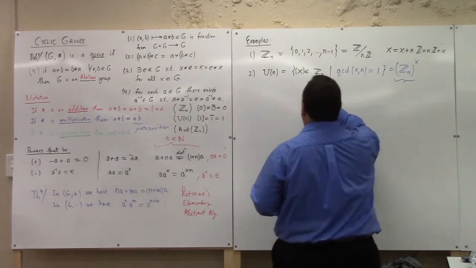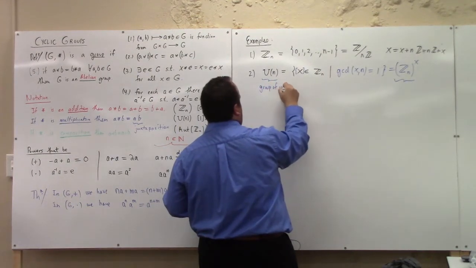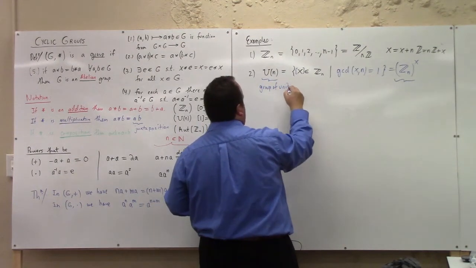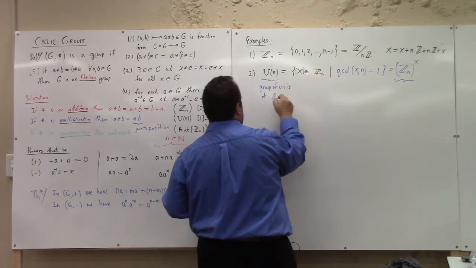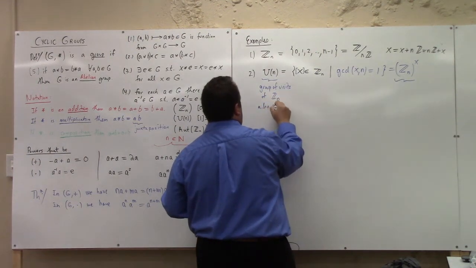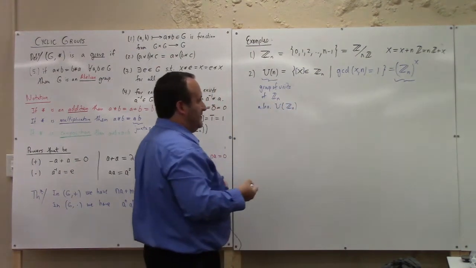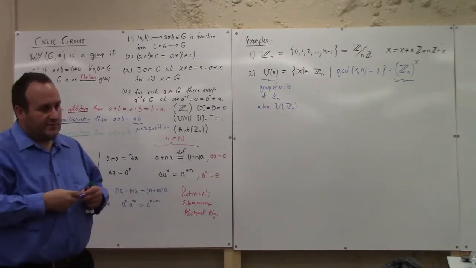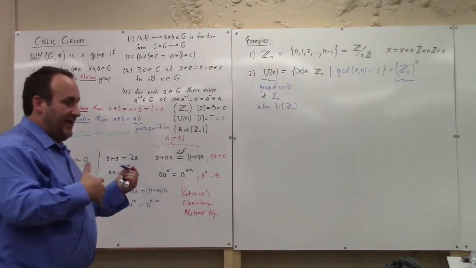That's more clear from this notation over here. So you could also write it U of Zn, and that's part of a more general system of nomenclature where you'd say units of a ring. This ring happens to be Zn.